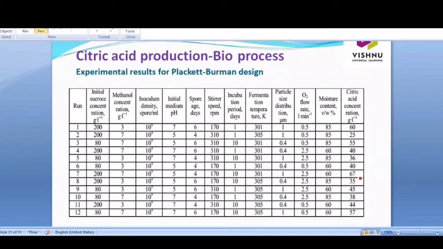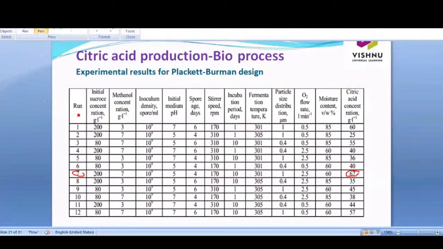Where is the maximum? This is the point. If you see here, 67 grams per liter of citric acid is obtained for this combination of all these 11 parameters. Okay. So 11 or 12 experiments is not a difficult task to conduct.